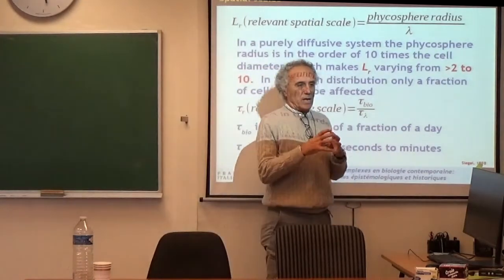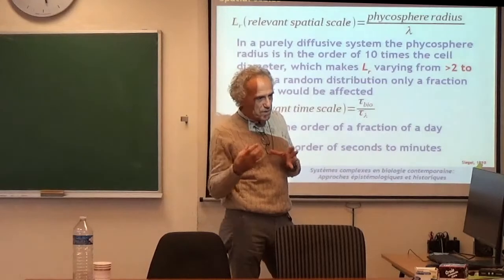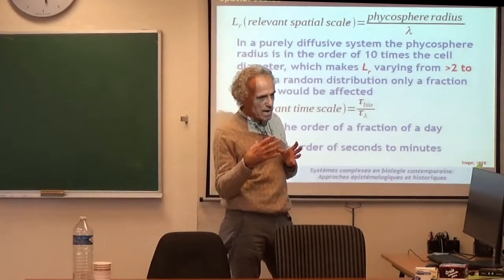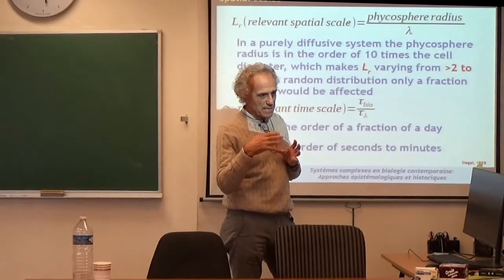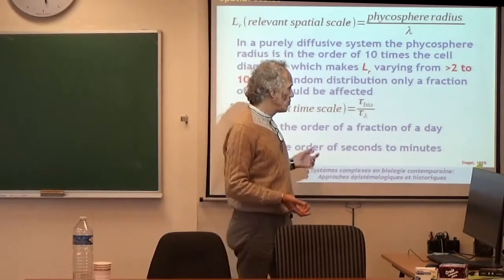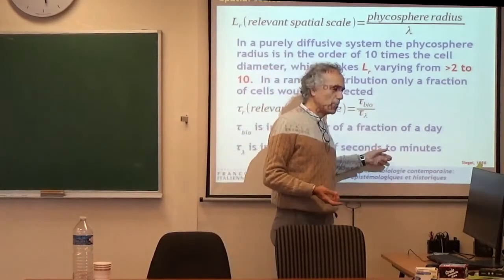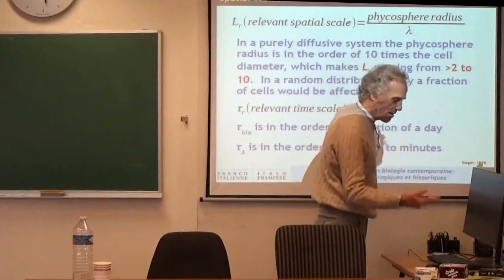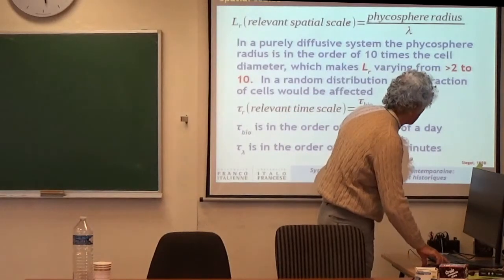So, if you go out from the phycosphere, diffusing from the phycosphere, you can, in theory, send signals with enough speed to couple with the biological, physiological time of the organism.